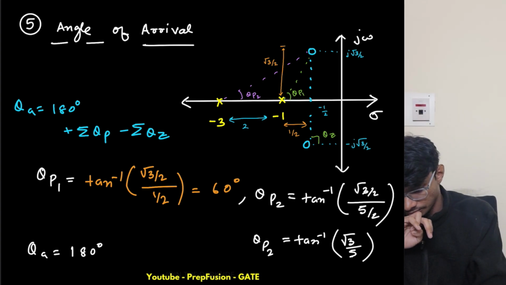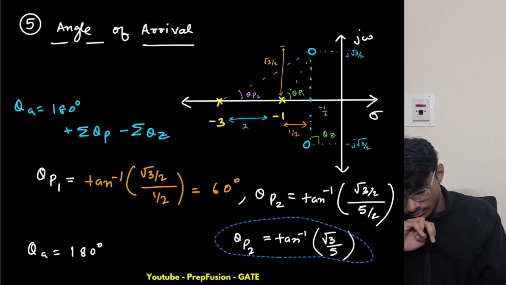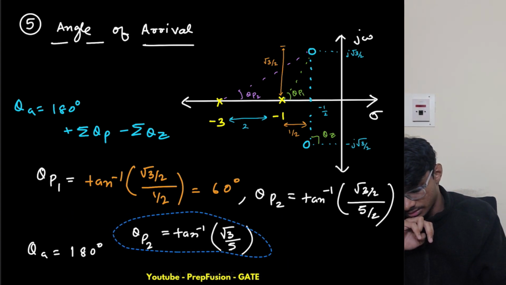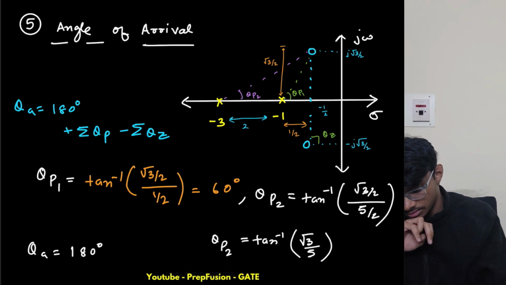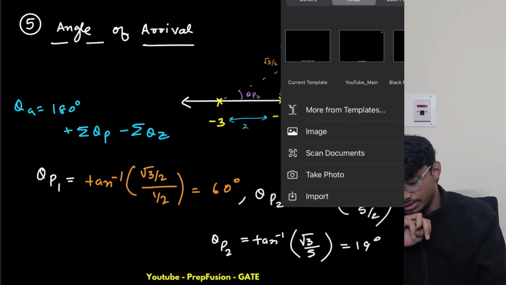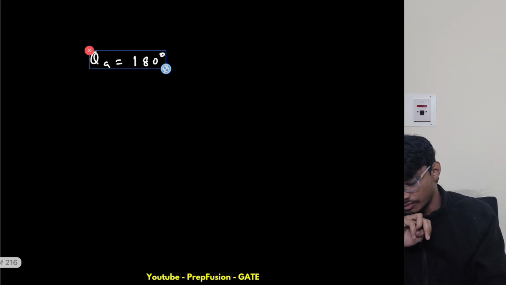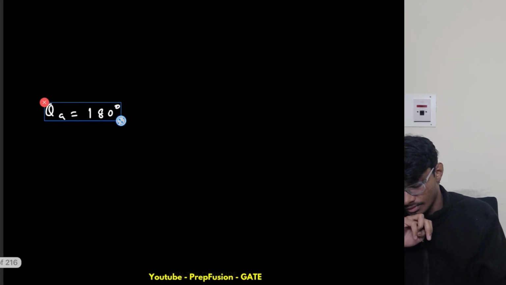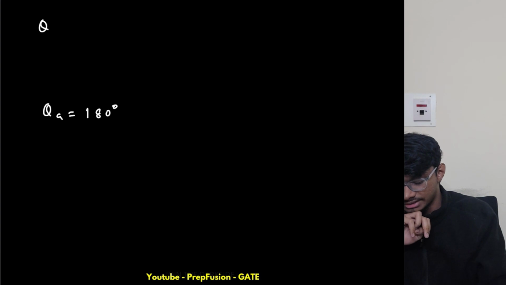So theta p2 is basically tan inverse, which is almost 19 degrees. I will take this onto the next page. Now I have to find the angle of the zero also, but that is very easy. Why? What will my theta z be?